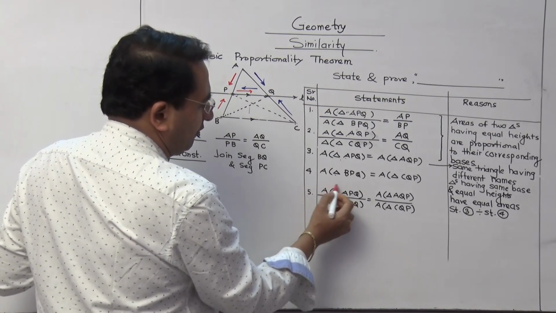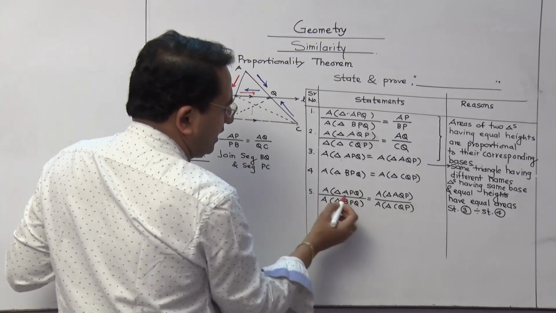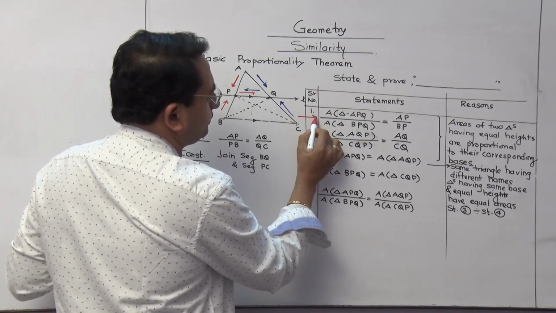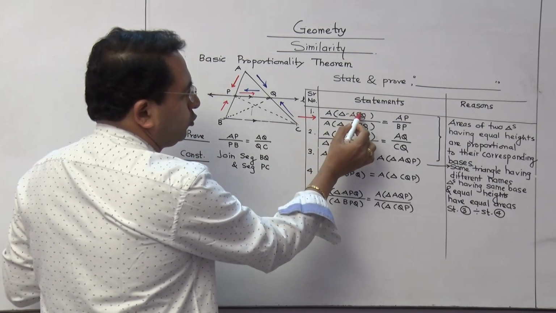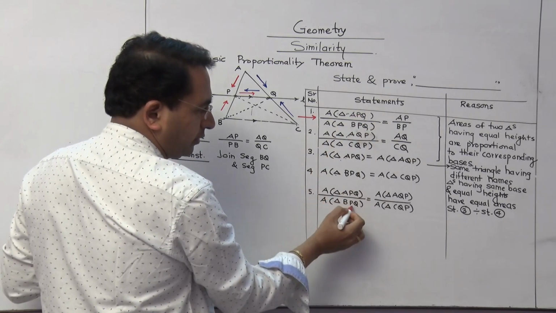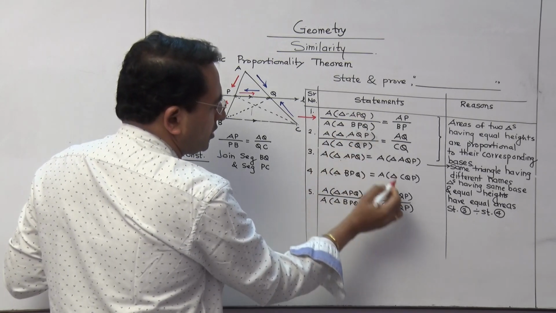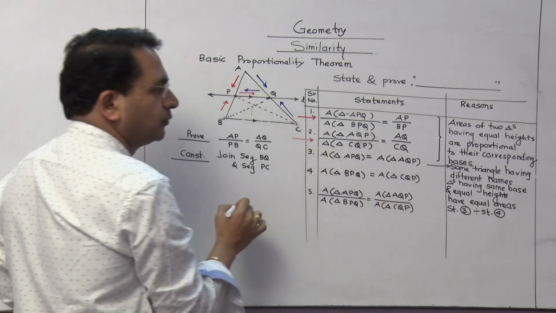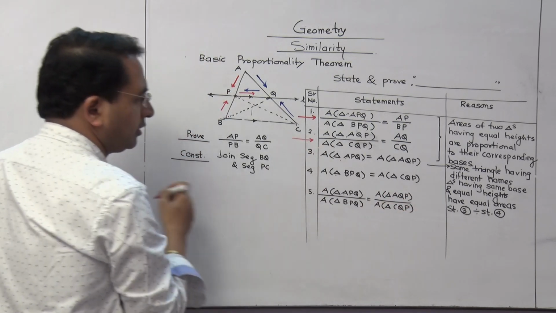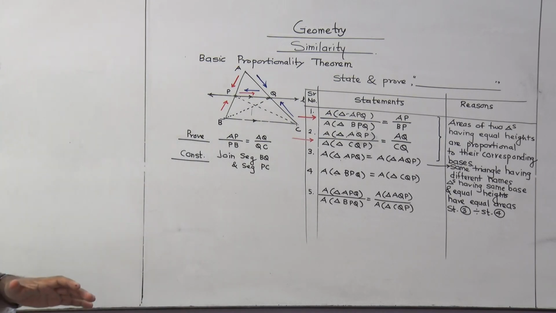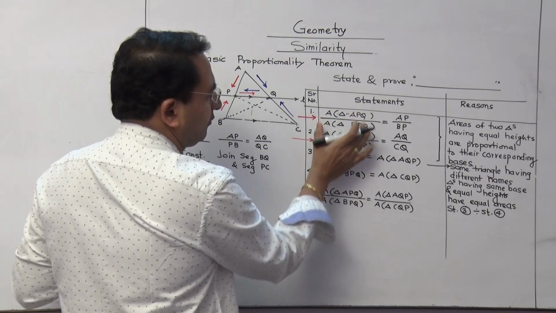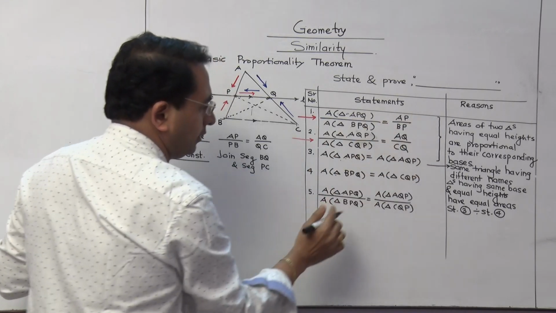Now you see this last part of the statements. This is your left hand side, this is the right hand side, and this left hand side is available here. APQ upon BPQ is here, and AQP upon CQP is here. So now what happens here? Both the statements have identical left hand sides, therefore right hand sides are equated.